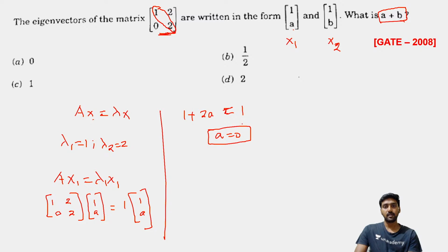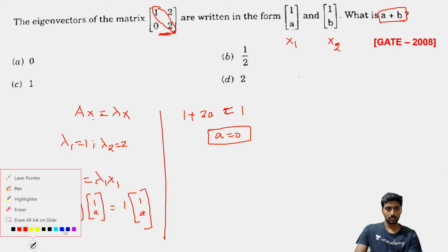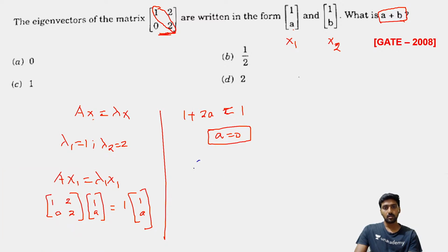Okay, fine. Next, the second one. A into X2 is equal to lambda 2 into X2. What will be the matrix? It's 1, 2, 0, 2 into 1, b, which is equal to 2 into 1, b.